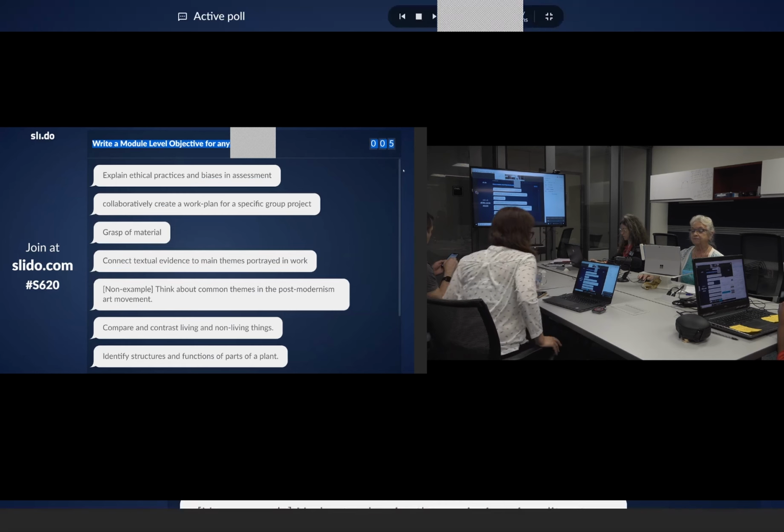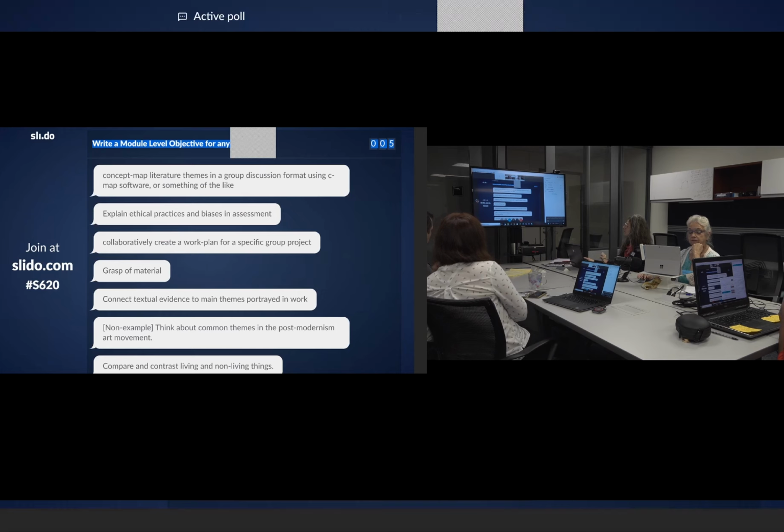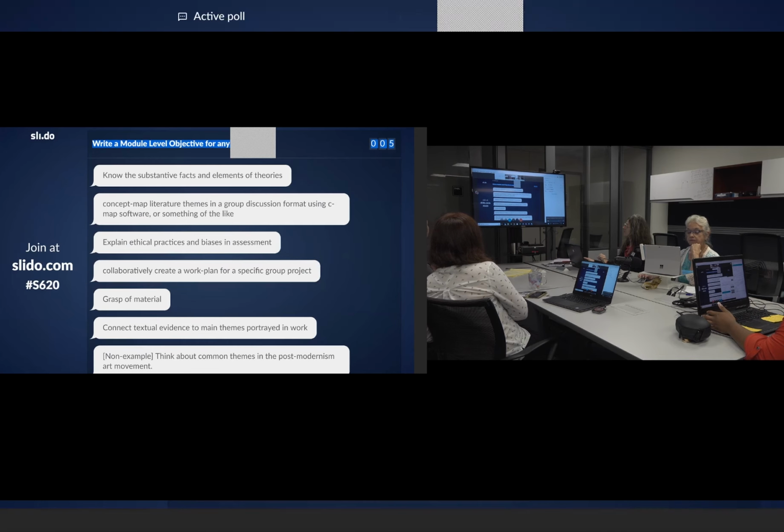Yes. Okay. I'm looking at some of these objectives. Some of them look like they're better suited for a course level. And terms like understand, that's a term that's not measurable. That's why we use Bloom's cognitive verb domains. We could see where if you want a student to understand something, there are specific verbs that we could use for that. Also be aware that you don't create a module level objective that is more of a direction than an objective.